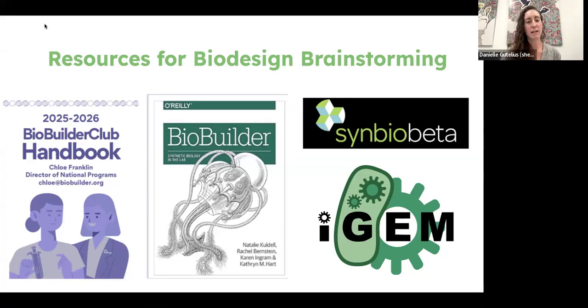Yeah, so in the BioBuilder Club handbook, the purple one here that Chloe has written, there are a bunch of links. I think it's page 17, Chloe? Yeah, page 17. There are links to a bunch of resources. And there's a website that is a huge database of parts, which we will get into in the parts webinar.